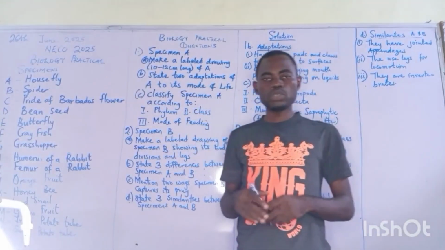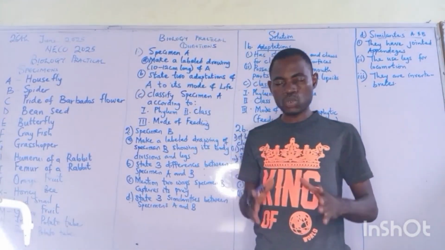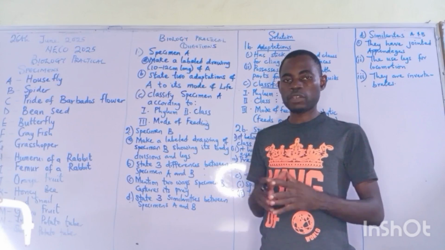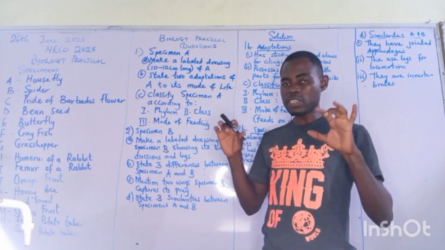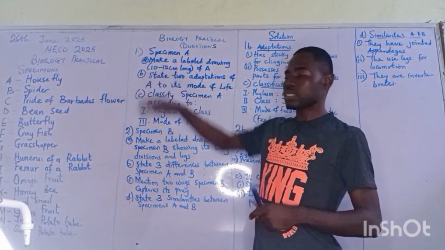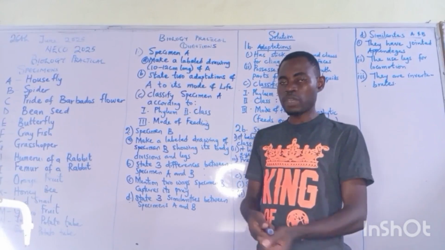And you know there is no way you draw specimens in biology practical without adding magnification. And what is the formula for magnification? The formula for magnification is size of image over size of object, and this is your size of image. For you to know the size of object, you take your ruler and measure your housefly, your specimen.